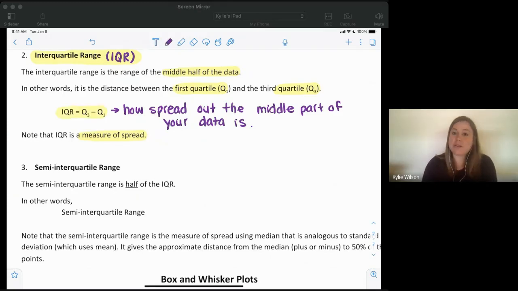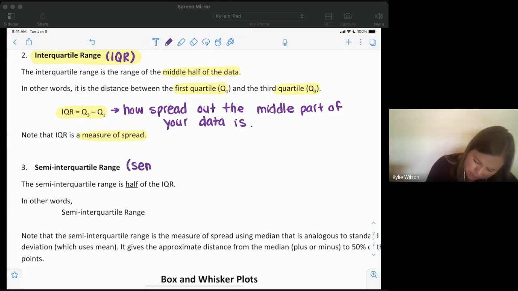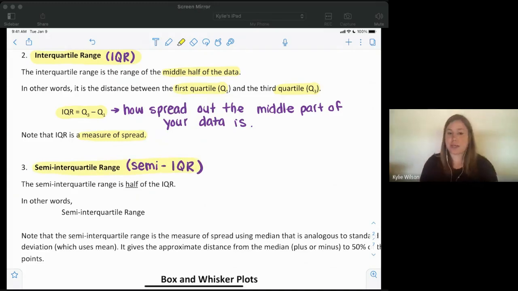Now, we also have what's called the semi-interquartile range, and we often just write it out like this. Now, the semi-interquartile range is half of the interquartile range.